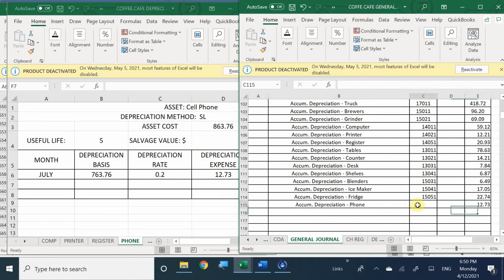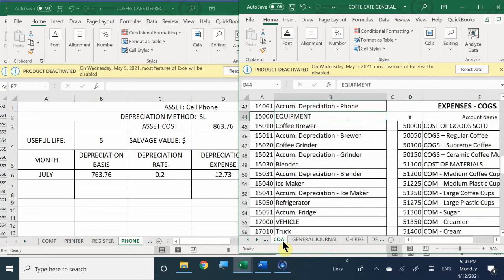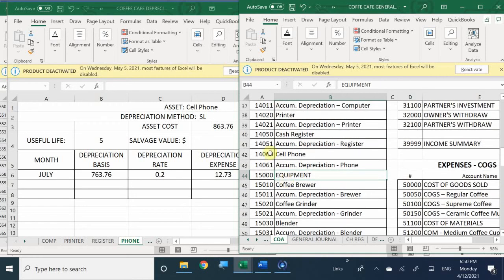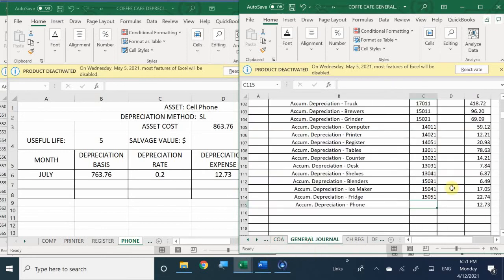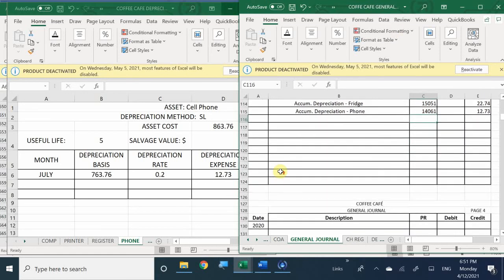Okay. Which the account number for this is going to be, phone is going to be the 1461. Okay, and that's all the depreciations that we calculated.